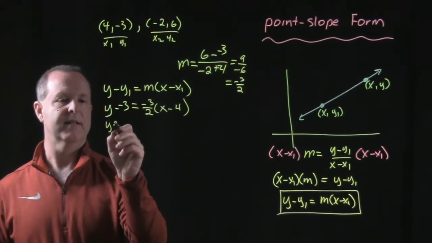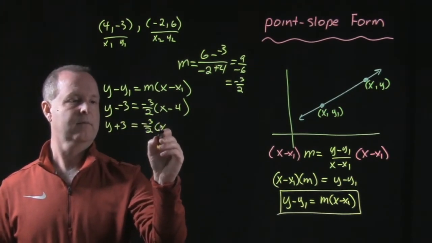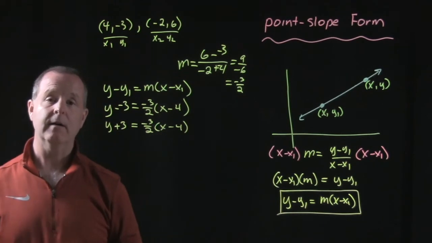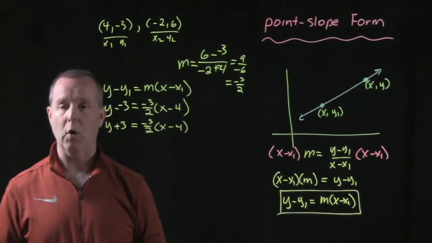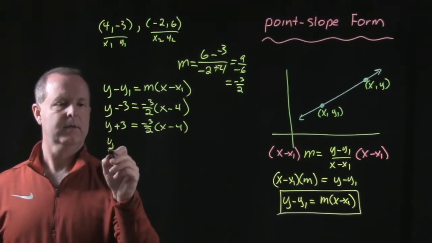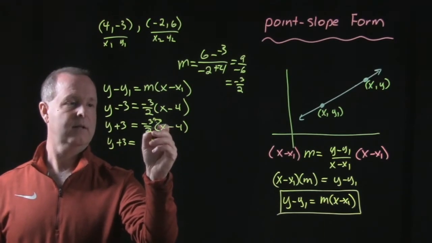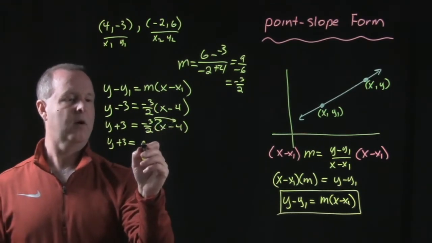Well, maybe if I did it this way, it might be a little bit helpful. And then from there, let's see what we can do to get it in slope-intercept form, that y equals mx plus b form. So y plus a 3 first. Let's distribute this negative 3 halves to both of those contents.